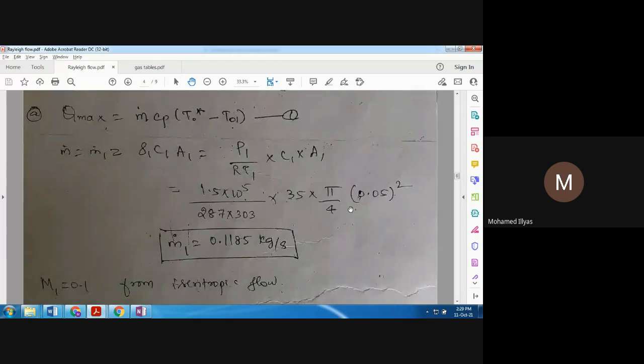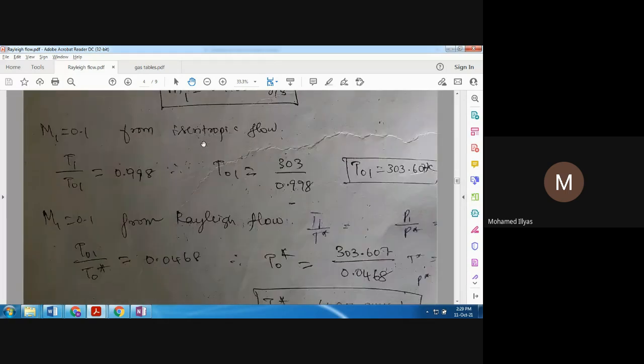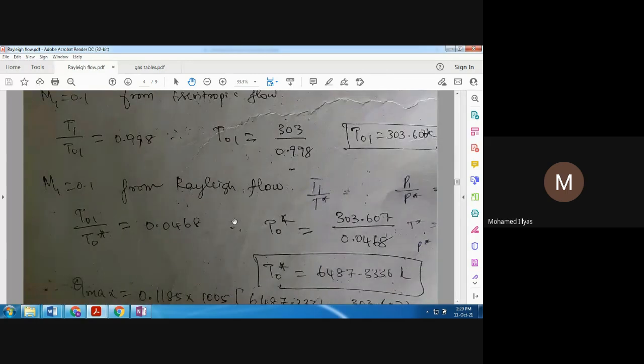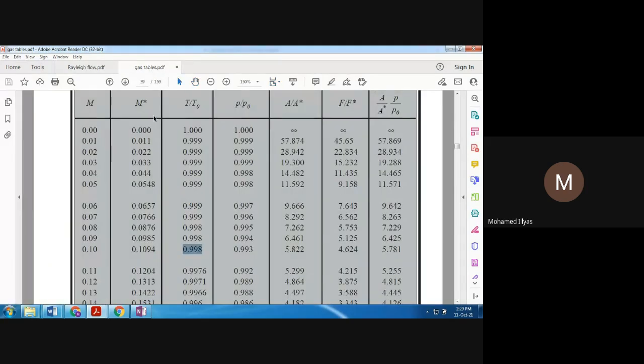This T0 star we need is available only in the Rayleigh flow. So for the same Mach number, we'll refer to our Rayleigh flow table to get the temperature, pressure and stagnation temperature ratios. For this, I am going to refer to our Rayleigh flow table, which is at page 111.